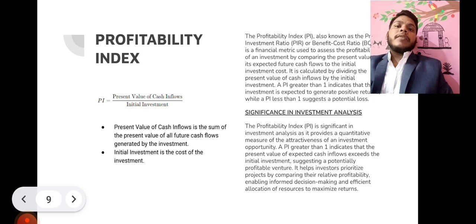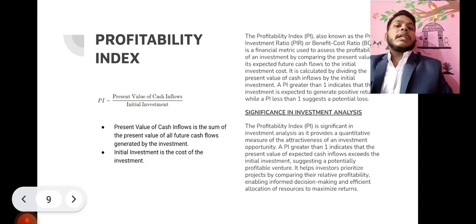The significance in investment analysis: the profitability index is significant in investment analysis as it provides a quantitative measure of the attractiveness of an investment opportunity.